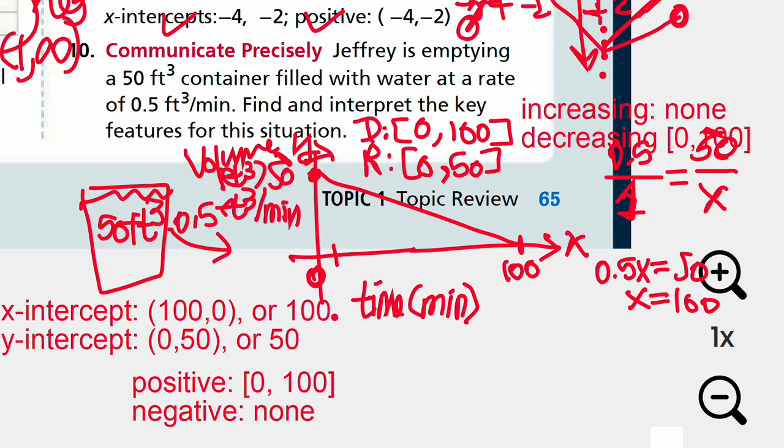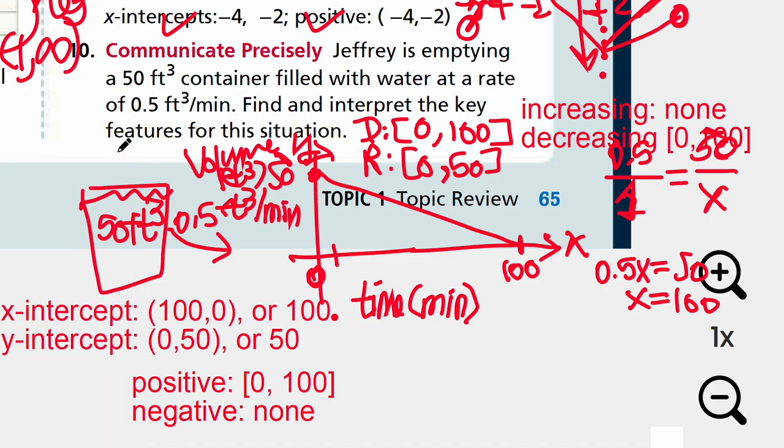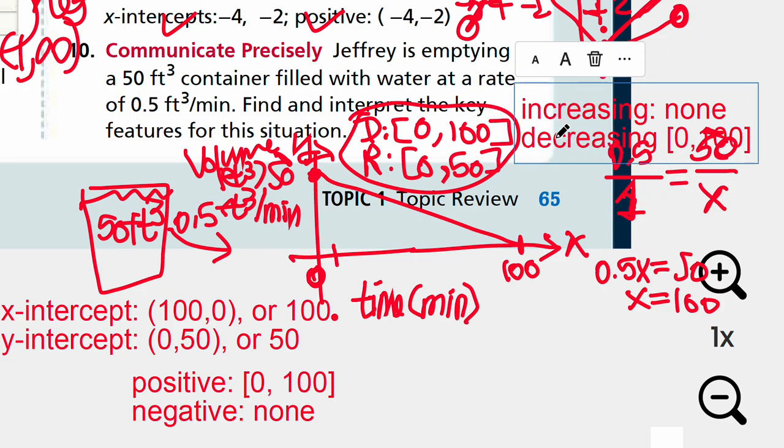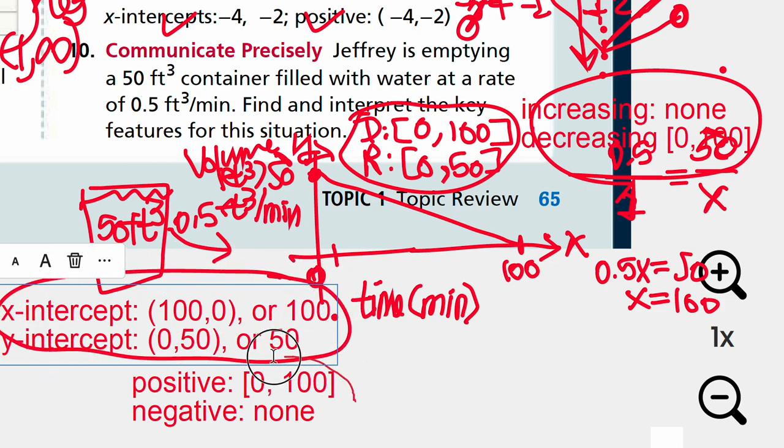So these are the key features that you're going to talk about whenever you interpret the key features. Okay? So domain and range, increasing, decreasing, and then x-intercept, y-intercept, and positive and negative. Okay.